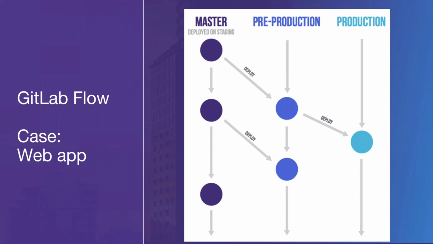Now, to be able to have these production and pre-production environments, and still have them easily accessible and automatically deployed, our simple solution is to create branches for those. You would create, for instance, a pre-production branch, and whenever you want to deploy to pre-production, the only thing you have to do is create a merge request from the latest master, or whichever specific commit you want to deploy.